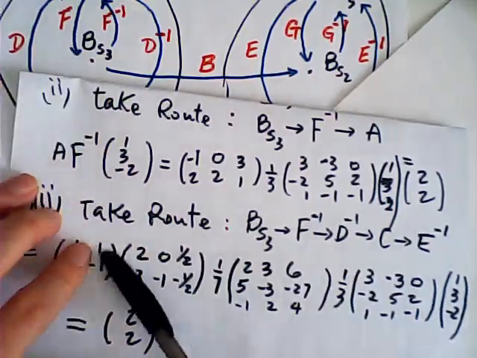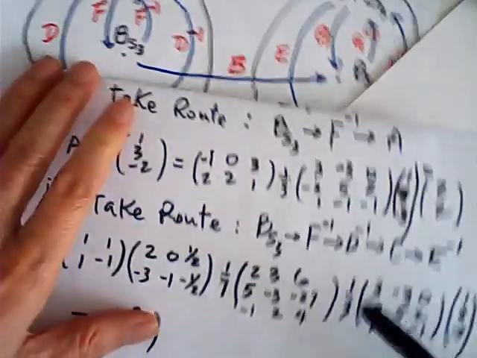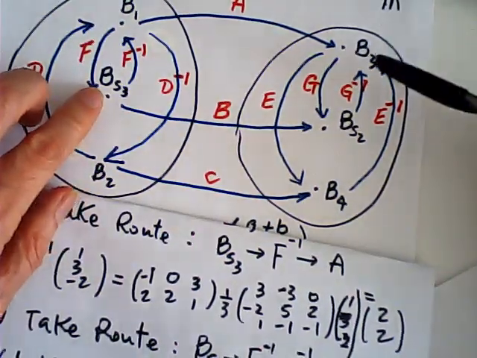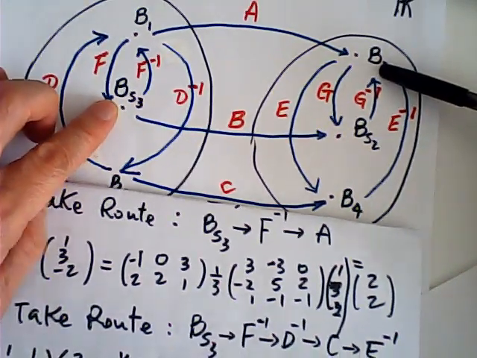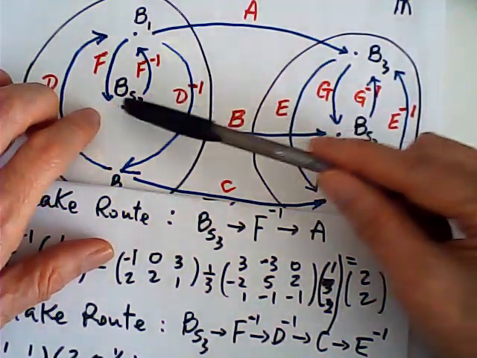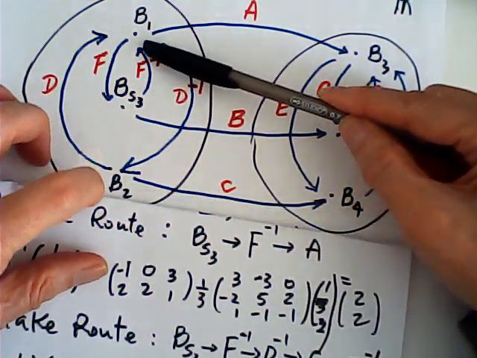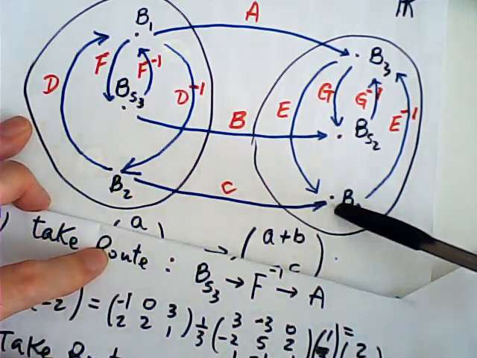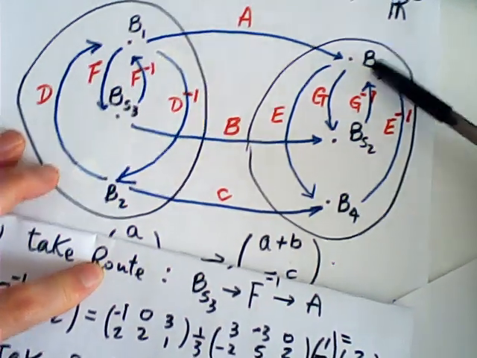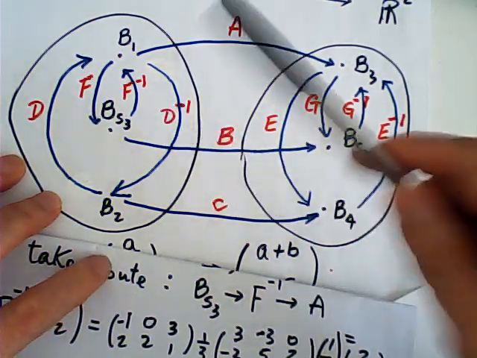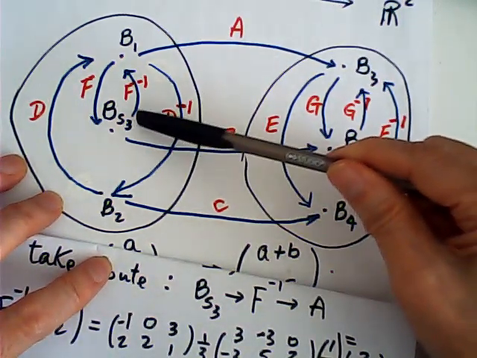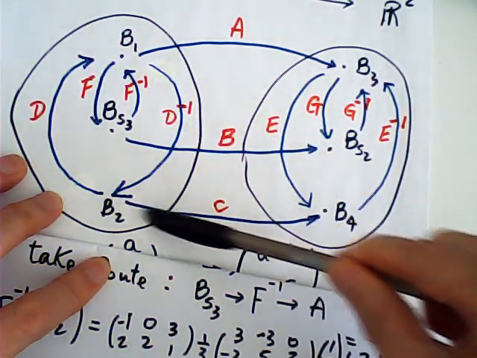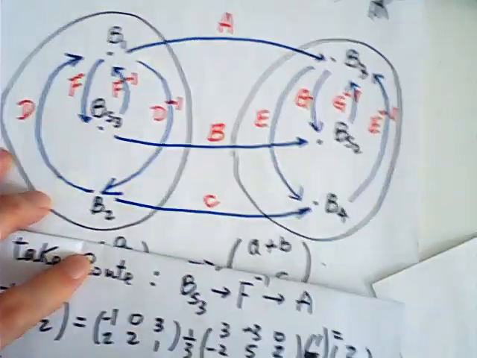Now, if you choose a more complicated route, for example, I start from here and I want to finish there. I choose F inverse, then D inverse, then C, then E inverse. I reach the same place. Okay, let's show again. I go here, and then this, then this, then this.